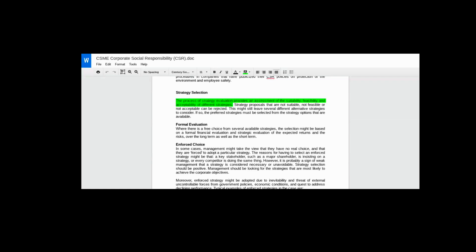But in strategic selection, before choice making, we must ensure that we determine the strategy suitability, because the process of strategic selection requires the assessment of the strategy suitability.